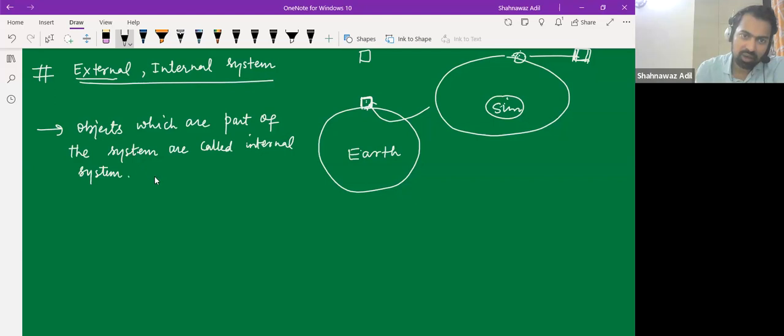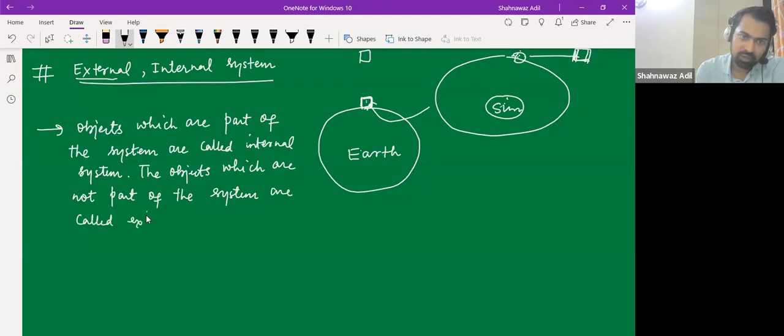And the objects which are not part of the system are called external system, right? So this is what we call the external and internal. This part is very crucial, right?